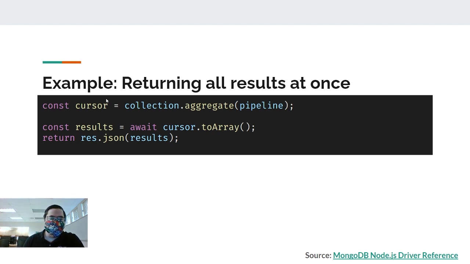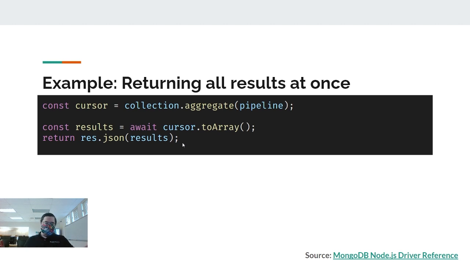So I get that cursor, and then from the cursor, that's where I have my options. The way I handle that cursor, I have a few different ways to deal with that. If I say cursor.toArray, that gives me a promise for an array, which means I need to await the array to actually get there. And then once I've got that, I can then take the results and spit them out in JSON.